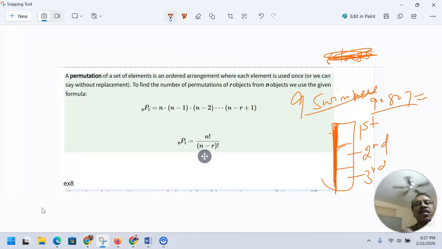But we can use this new formula called the permutation formula, and that is because there are 9 swimmers, so we say okay, n is 9, and then what does this R stand for? R is you are going to fill the first place, second place, and the third place. So the R is 3.